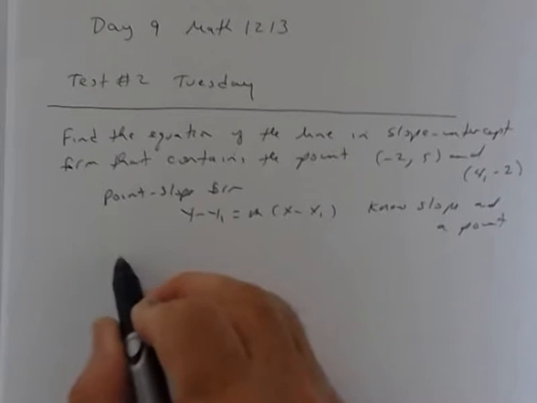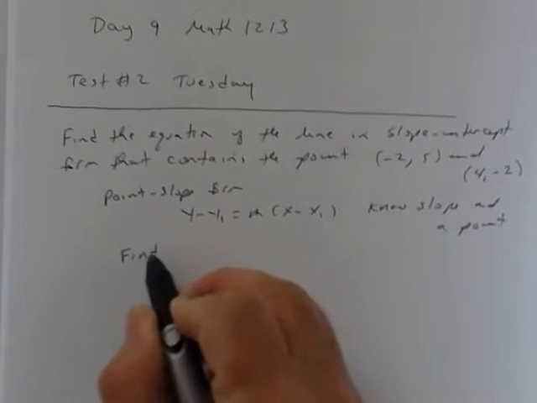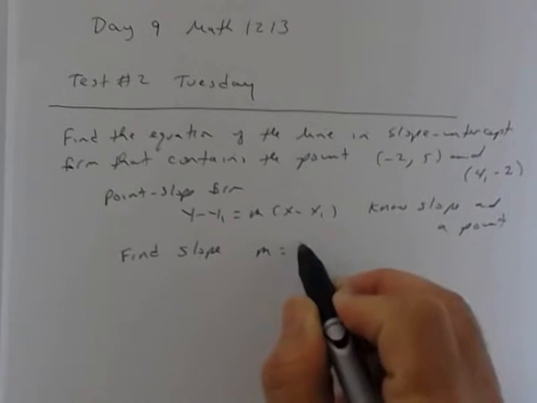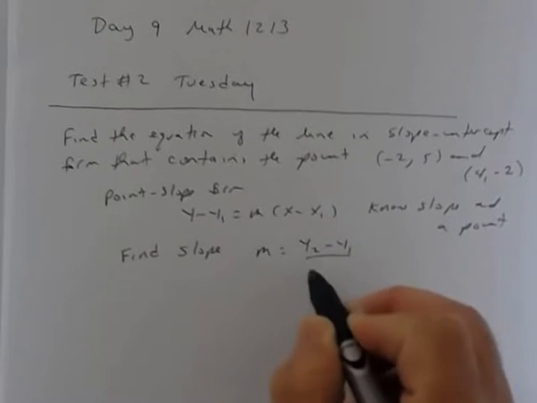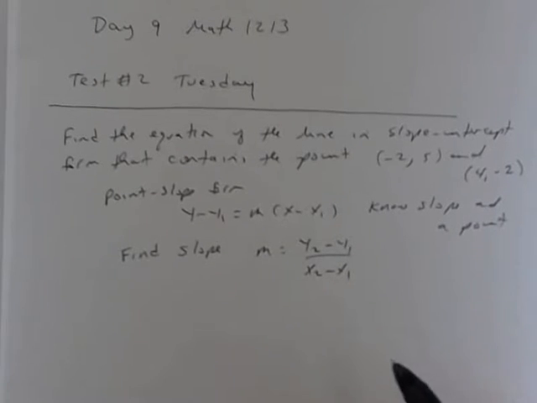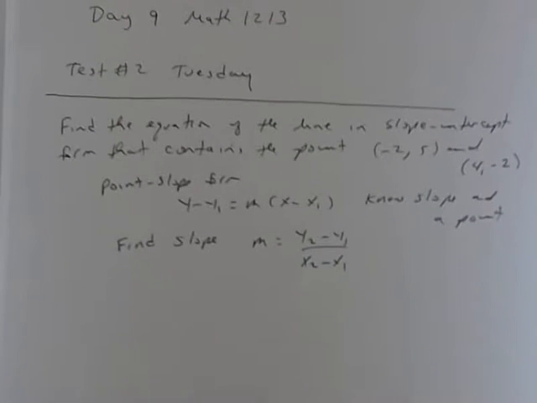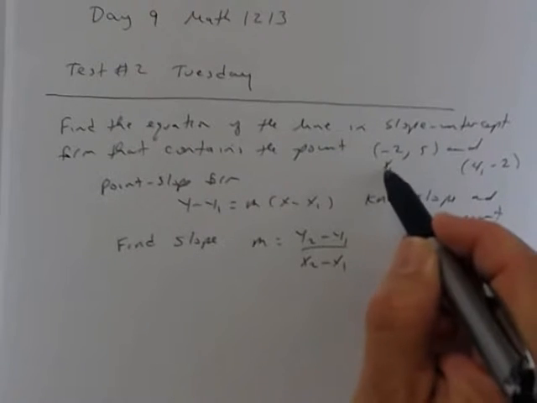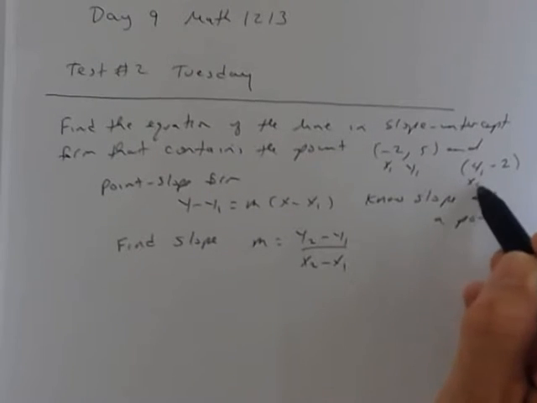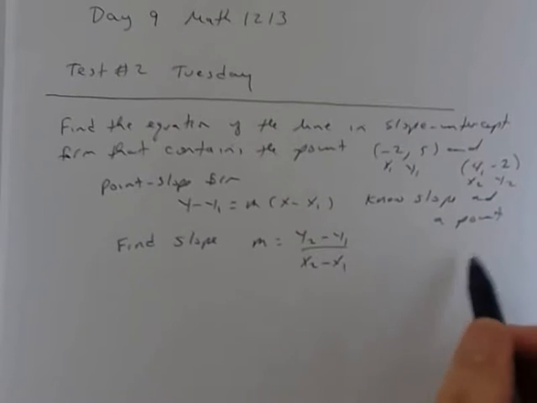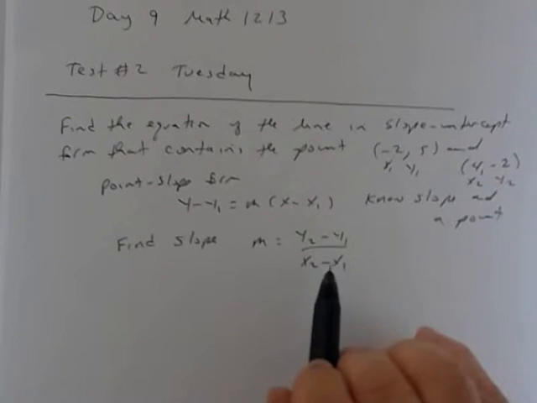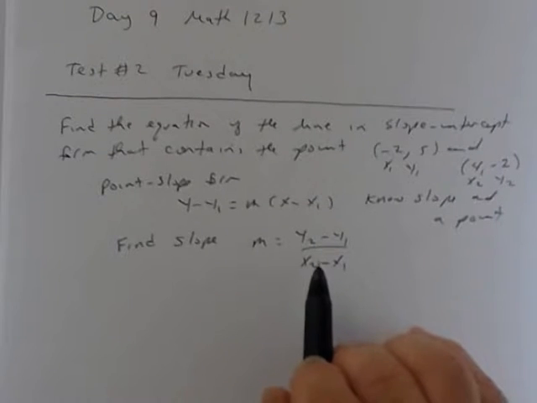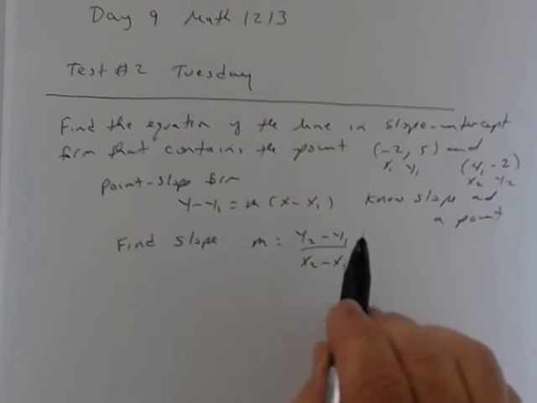So you must first find the slope. We can use the slope formula: y2 minus y1 over x2 minus x1. Let's label this x1, y1, and this x2, y2. Remember, the order does matter when you put your numbers into these variables.